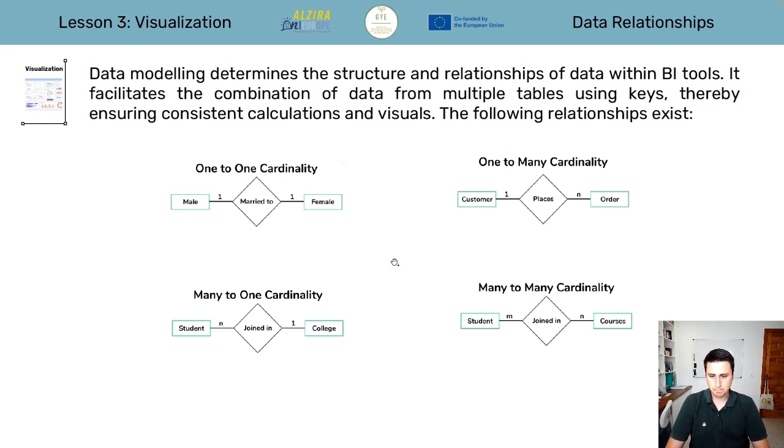Then it's many-to-one cardinality. For example, there are thousands of students that are related to the field college. So in this case, it's an n-to-one relationship.